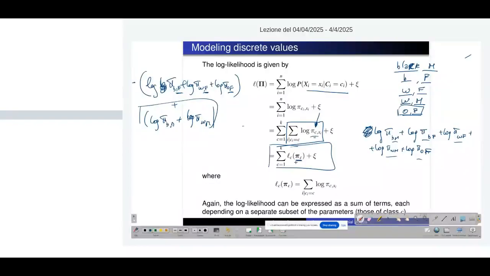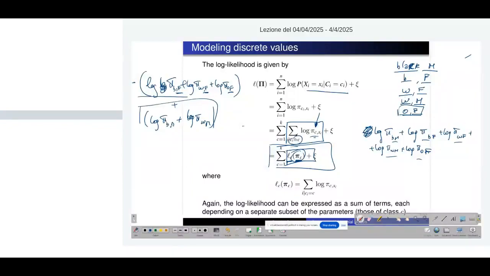With the MVG, since each class has its own set of parameters, the log likelihood can be expressed as a sum of log likelihoods that each refer to a different class, and each of these depends only on the parameters of the corresponding class. So the parameters of the male will influence only the summation when this is male. The parameters of female will influence only the terms where this refers to the female class.